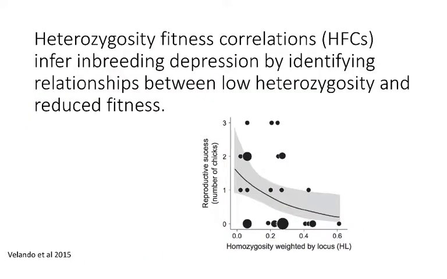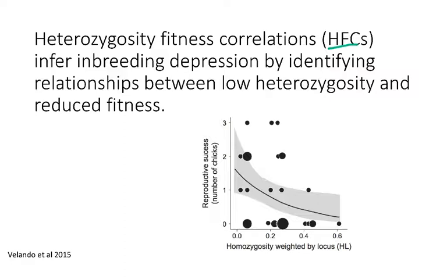All right, so if we want to think about how to measure and infer inbreeding depression, one of the things that you can do is something called a heterozygosity fitness correlation, or HFC. Excuse me, letters are hard. So an HFC can infer inbreeding depression by identifying a relationship between low heterozygosity and reduced fitness. So essentially what you're doing here is saying that if there's low heterozygosity, there's also reduced fitness.